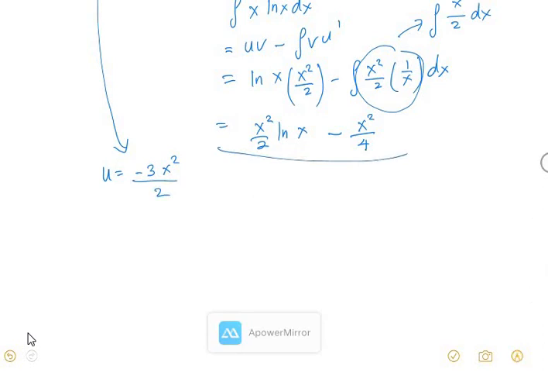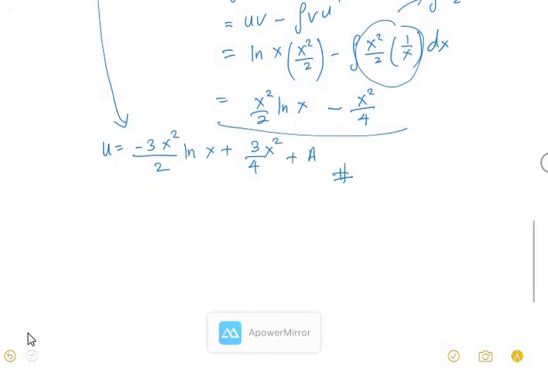So this is equivalent to x squared over 2 ln x minus this part. You are left to integrate x over 2 dx, and then you integrate, you will get x squared divided by 4.